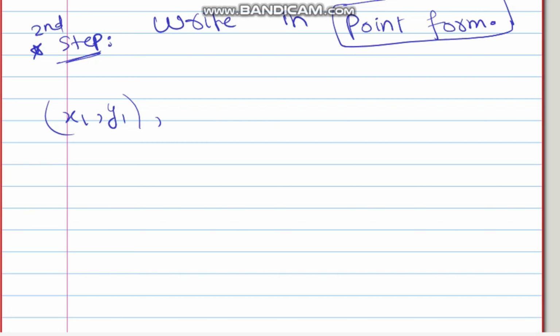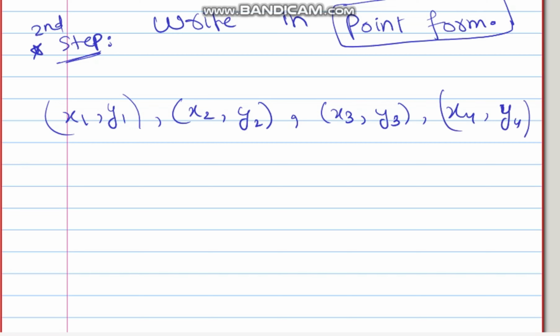The point form is like this: x2, y2. You will just write the input first, then the output. Third input, third output. Fourth input, fourth output.